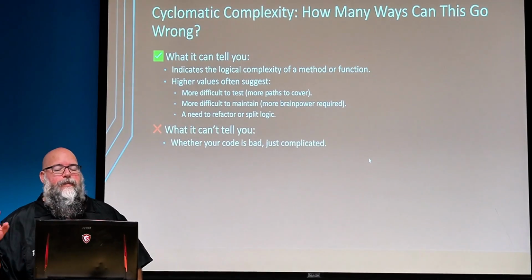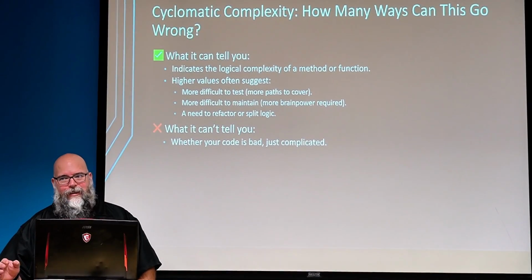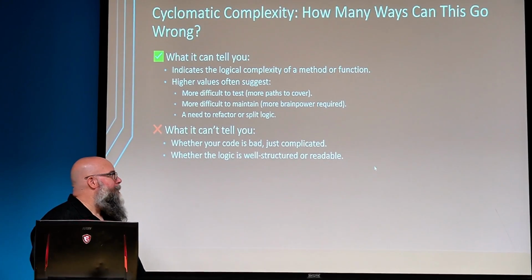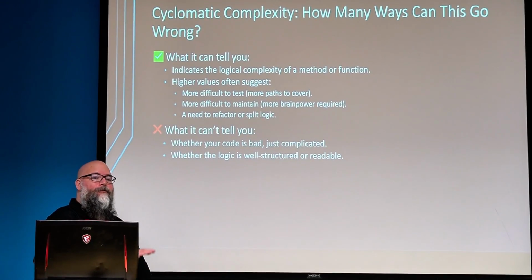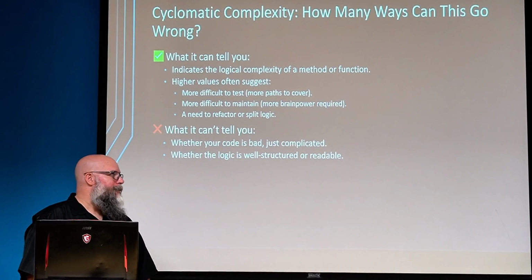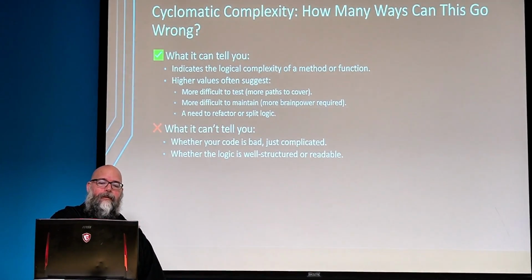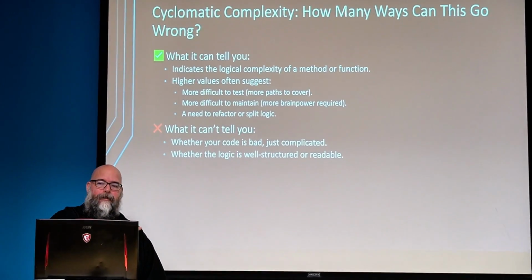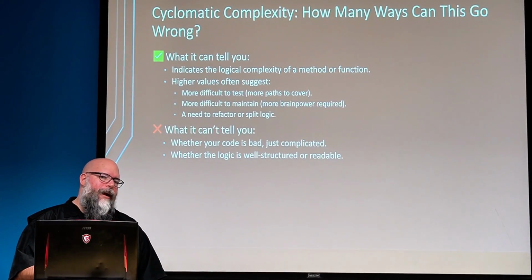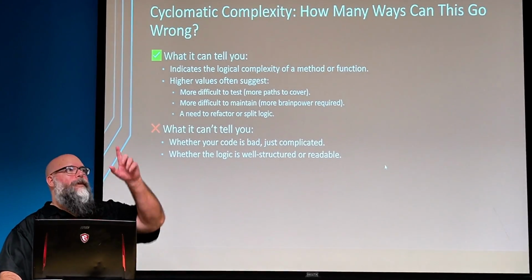What it's not going to tell you, though, is whether your code is bad, just if it's complicated or not. It will not tell you anything about how well structured your logic is or how readable it is. I guarantee you that class with cyclomatic complexity over 9,000 was not readable. I mean, it was, but you'd have to stare at it a long time until you actually figured it out, scrolling up and down.